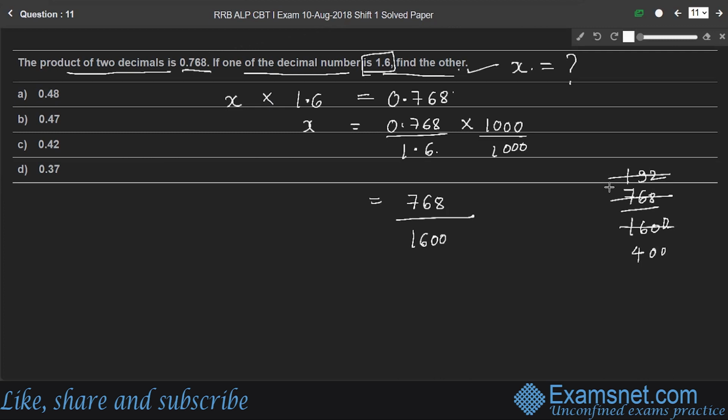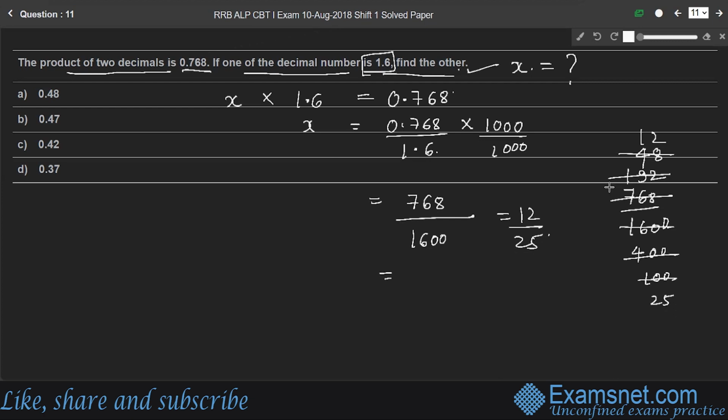Again we can go for 4. 4 into 4 is 16, 4 into 8 is 32, whereas 4 into 100 is 400. Again by 4: 4 into 1, 4 into 2, and 4 into 25 is 100. So 12 by 25.